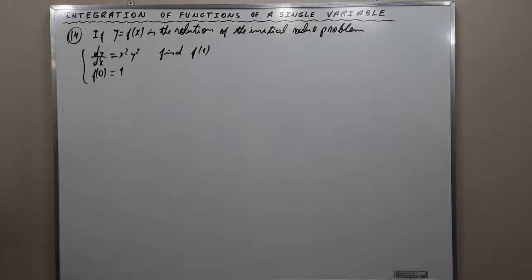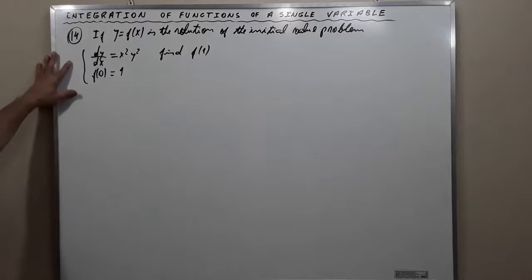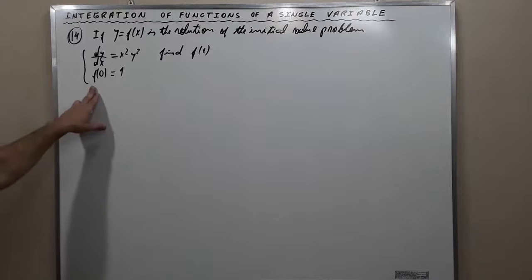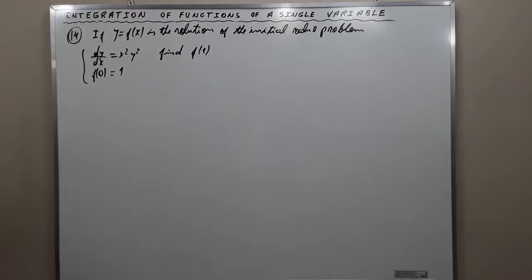Exercise 14 says that if y is a function of x, a solution of the initial value problem where the derivative of y with respect to x is x squared times y squared, and f of 0 is equal to 1, find the value of f of 1.